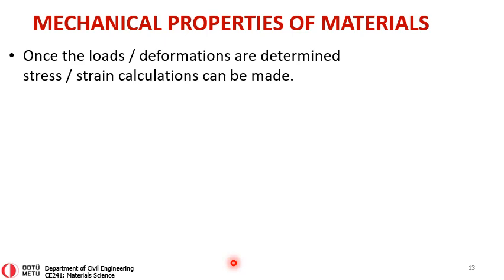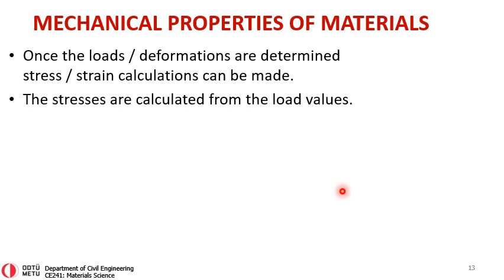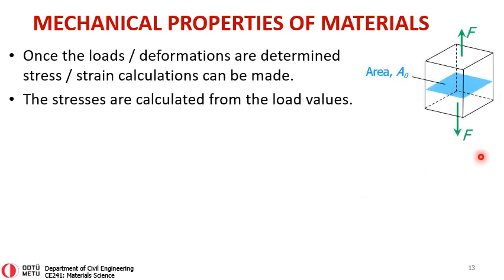So once the loads and deformations are determined, now we can make these stress strain calculations that we have learned last week, and the stresses are calculated from the load values. See, this is the load that we are applying to a cross-sectional area, so we can calculate the stress for each load increment by dividing the force by the cross-sectional area.